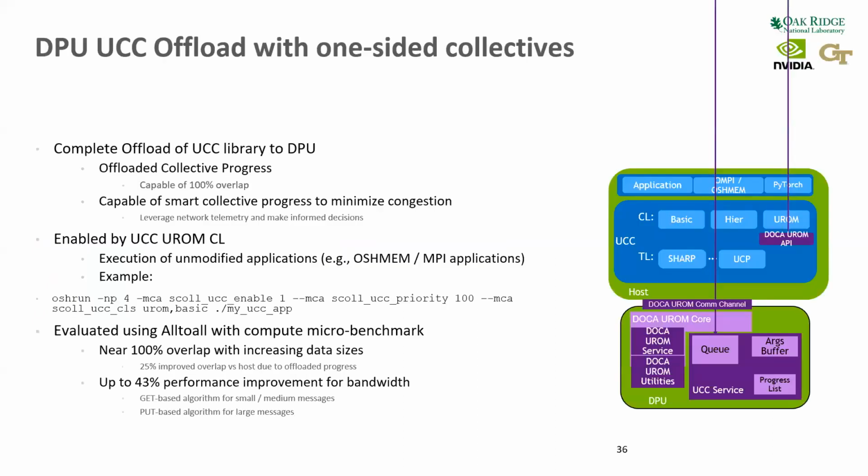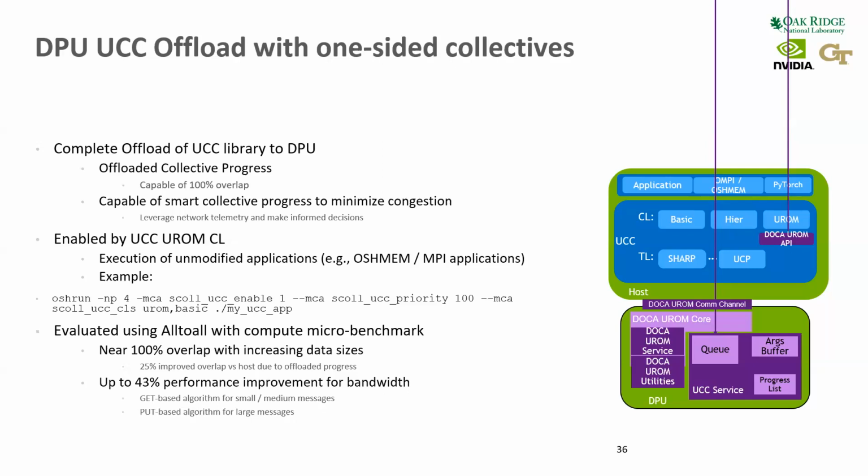This next slide talks a little bit about OpenSHMEM. OpenSHMEM is also being supported. It's a different implementation from what we have today with OpenMPI, but it's currently available. It uses UCC, but it also uses a runtime to handle aspects of the offload to the DPU. Currently, it is enabled to support the collectives in SHMEM.